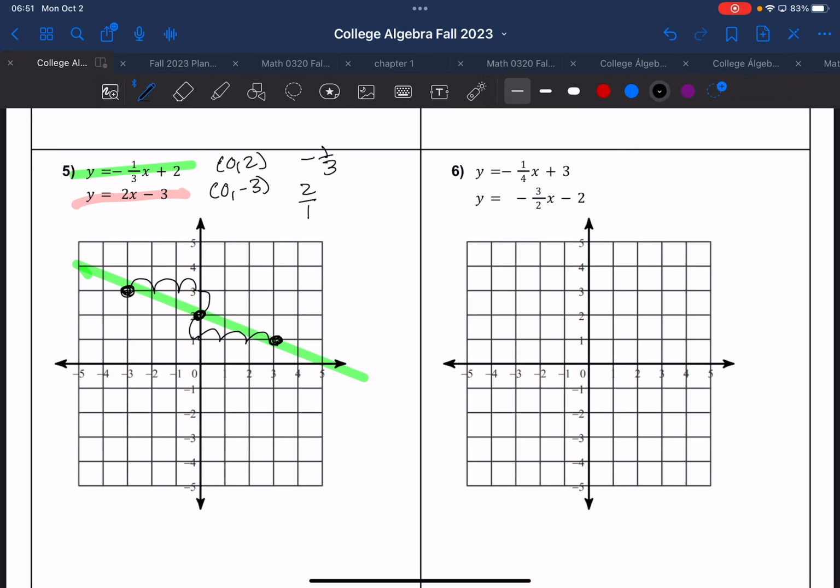And then for my second equation, I have 0, negative 3 as my y-intercept. And I'm going to go up 2, right 1. And I'm going to go up 2, right 1 again.